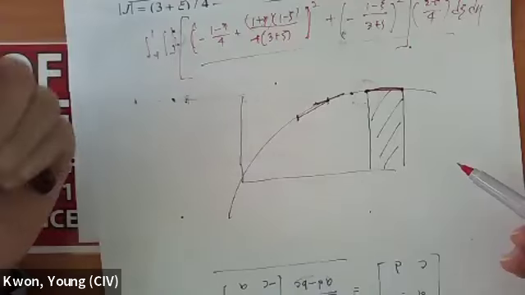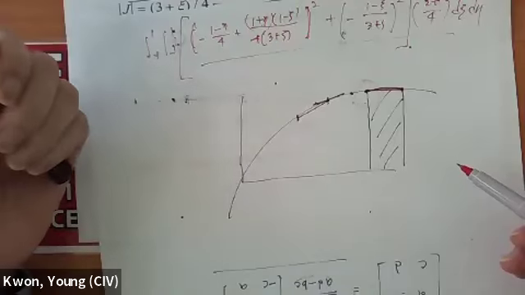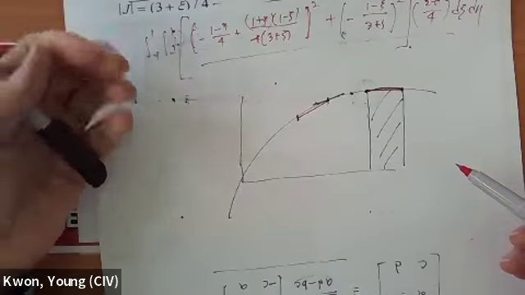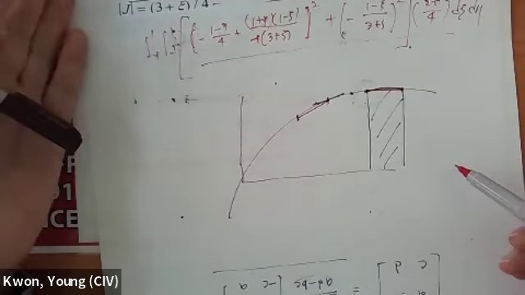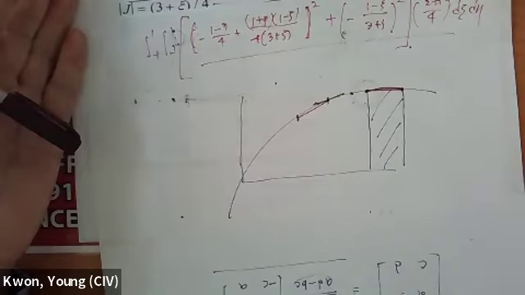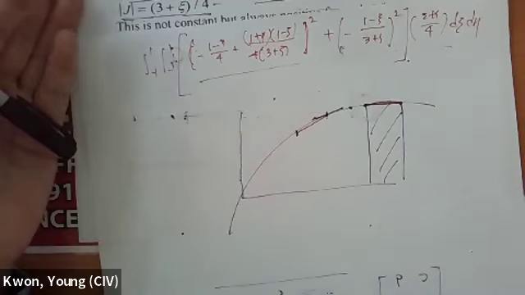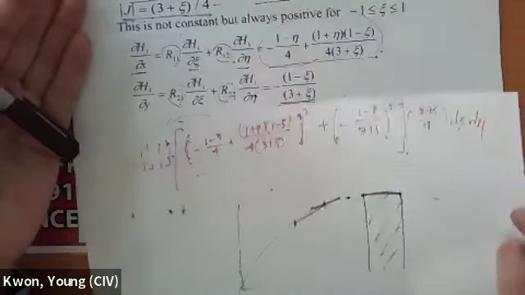So numerical integration is much more accurate than numerical differentiation. If you use a higher order technique, the difference may be different. But if you use the same order of integration and differentiation technique, numerical integration is much more accurate.